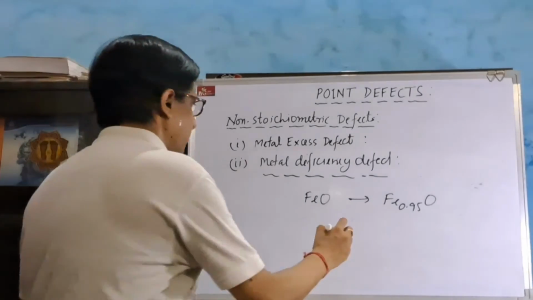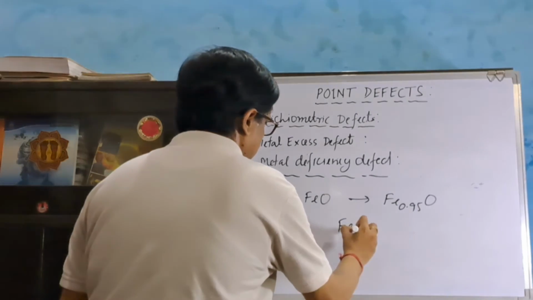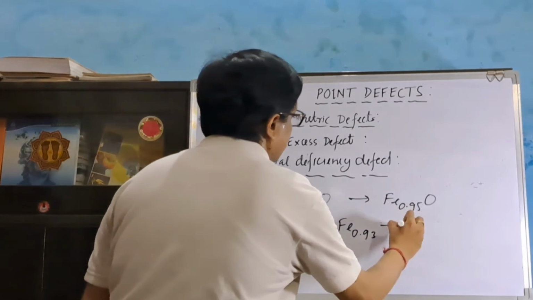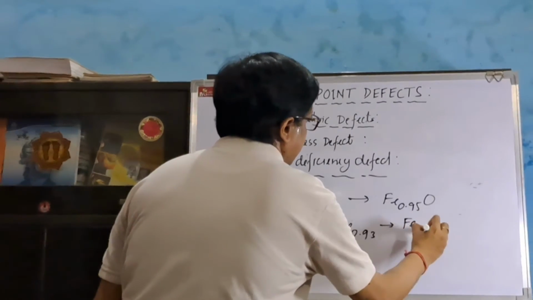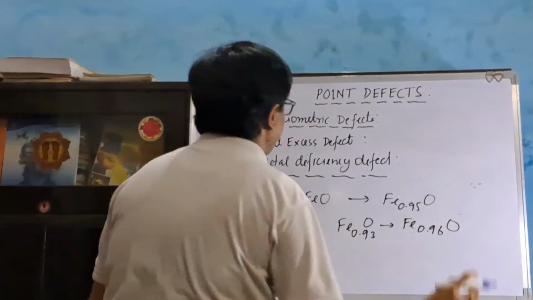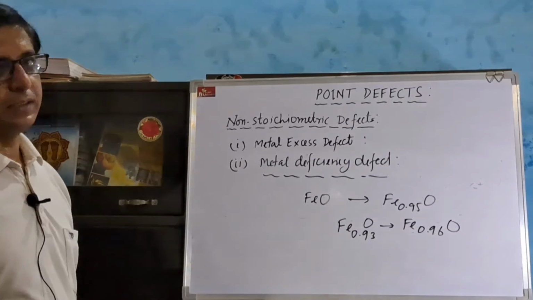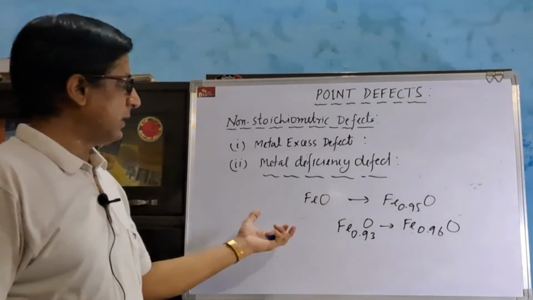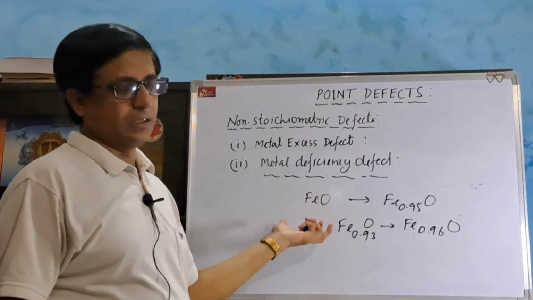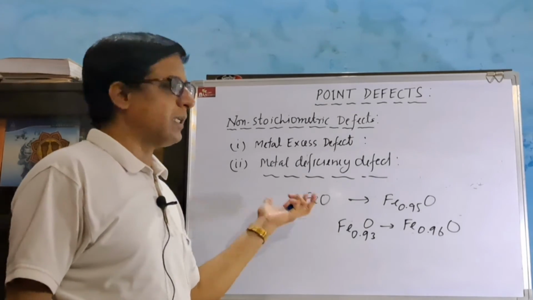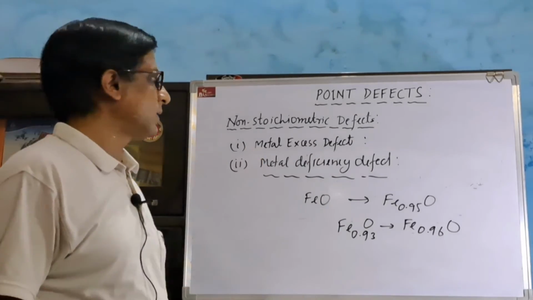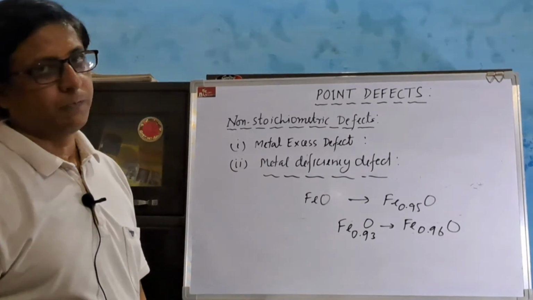The composition of iron varies from 0.93 to 0.96. This is known as metal deficiency defect, since the metal is present in deficient amount.